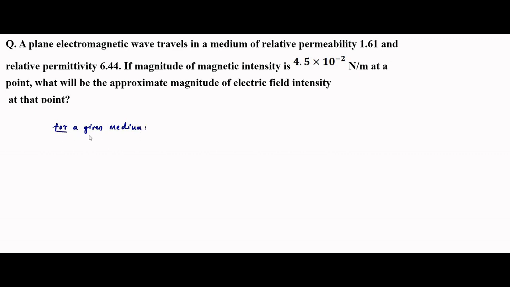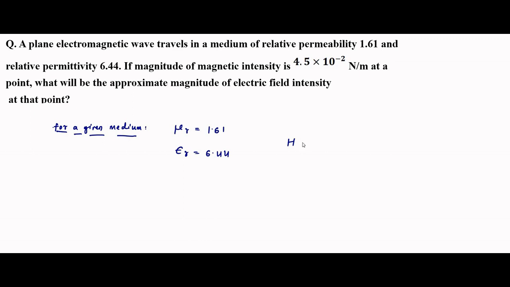The relative permeability, mu r, is equal to 1.61, and the relative permittivity is equal to 6.44, and the magnetic intensity is basically H. If you have some idea about the parameters associated with magnetism, magnetic intensity, intensity of magnetization, susceptibility, all that, then you will be aware of this.